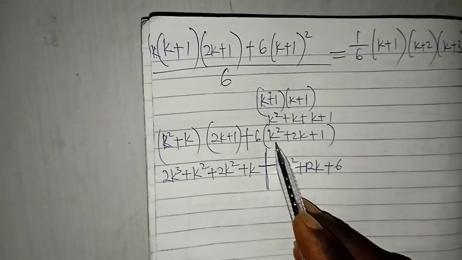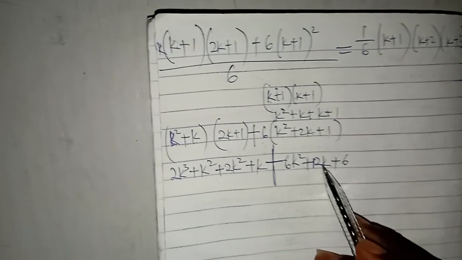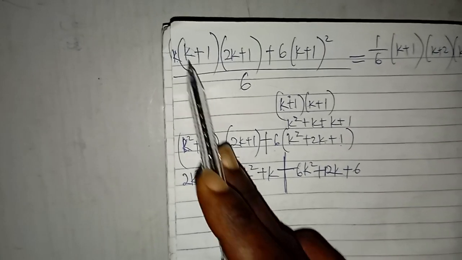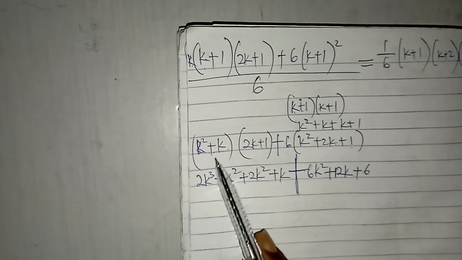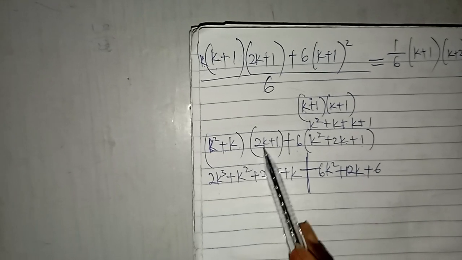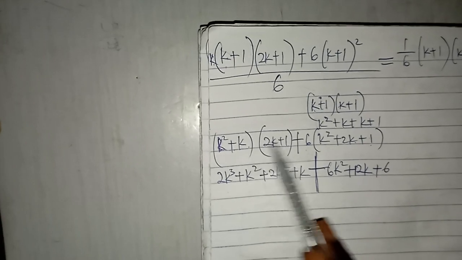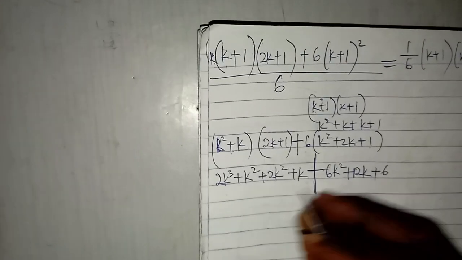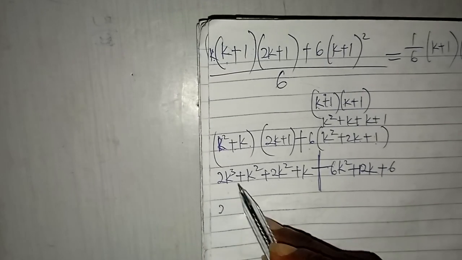6 multiplied this, multiplied this, multiplied this, and you have this. Now k multiplied this, and you have this. Then k again multiplied this, you have this. K square multiplied this, you have this. K multiplied this, you have this. Then multiply this, you have this. So add up, you have 2k cube.